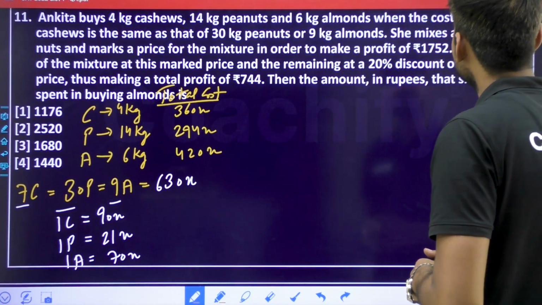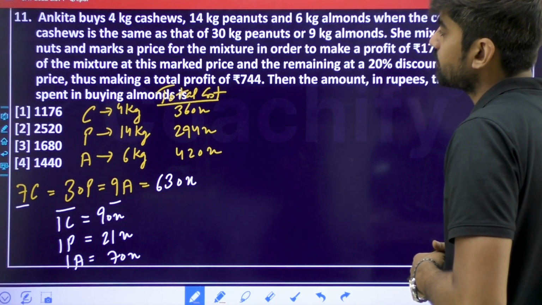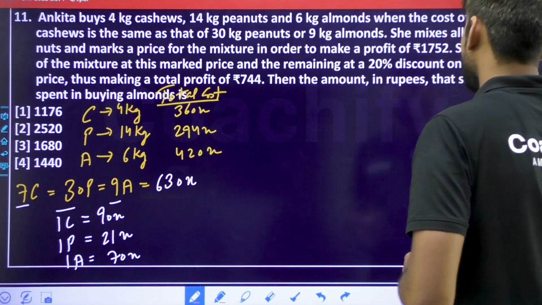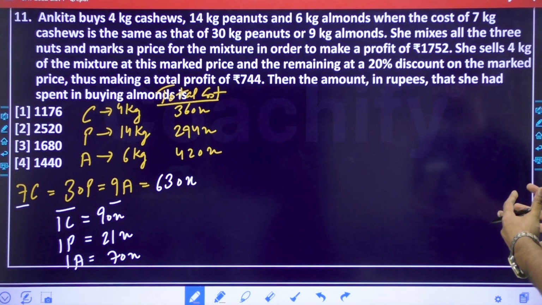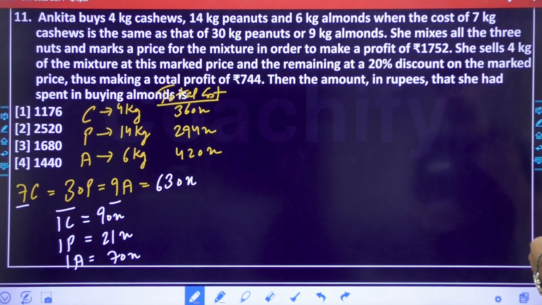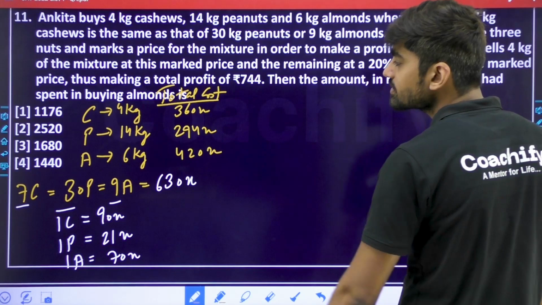Now the question says she mixes all the 3 nuts and marks a price for the mixture in order to make a profit of 1752. That means if she is selling that mixture at the mark price, then she is getting a profit equal to 1752 rupees. Perfect. So what's my total quantity?